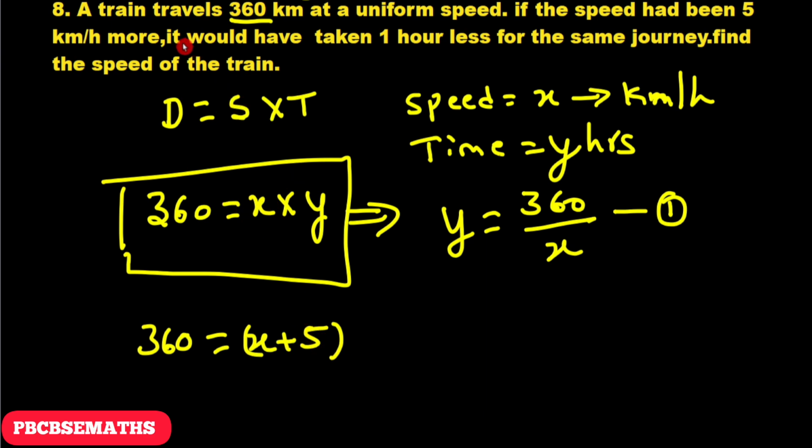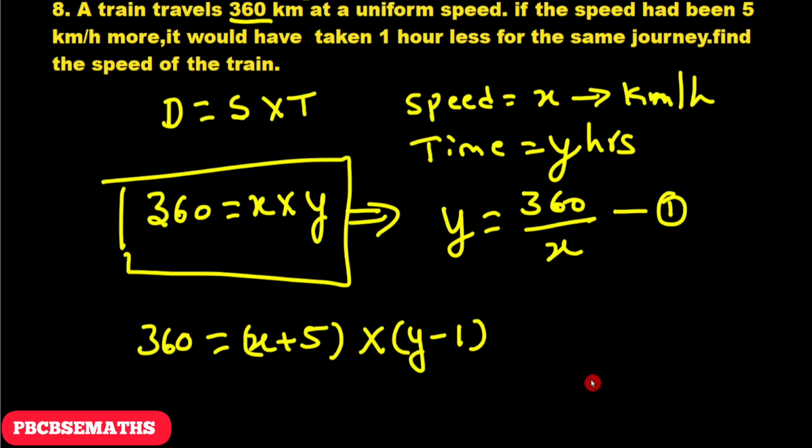Then it would have taken 1 hour less for the same journey. So whatever that train took at first, we have to subtract 1 hour for that same journey. So the duration of the journey is going to be 1 hour less than the initial time, that is y minus 1.